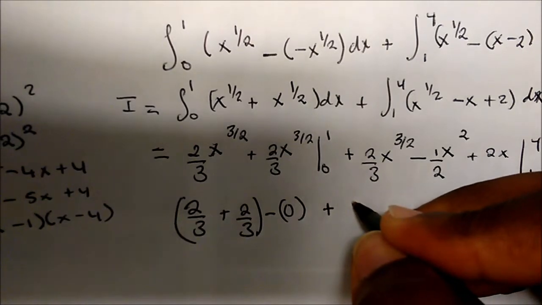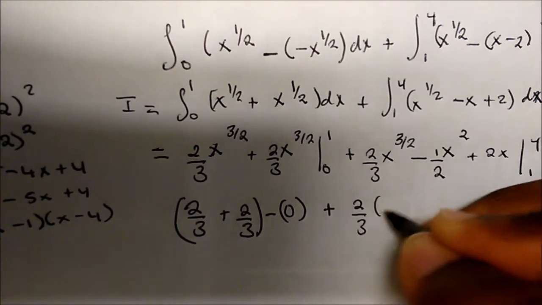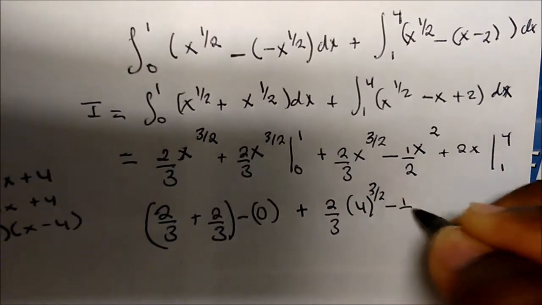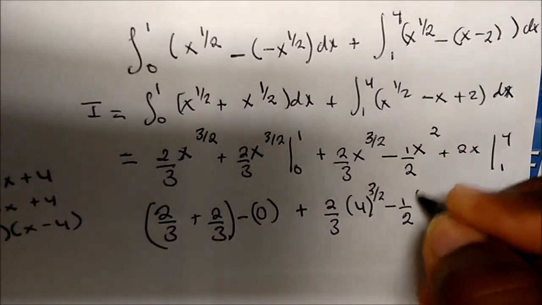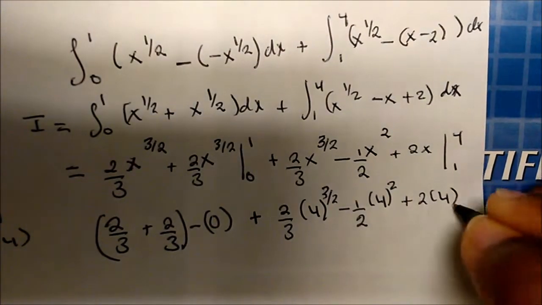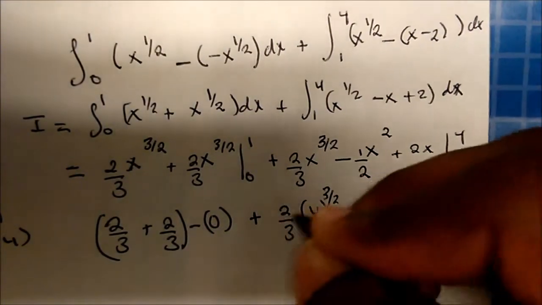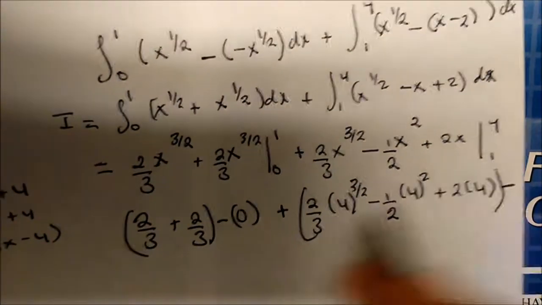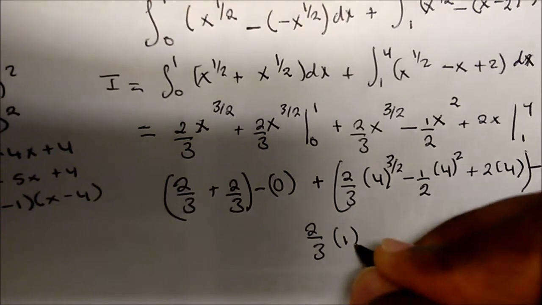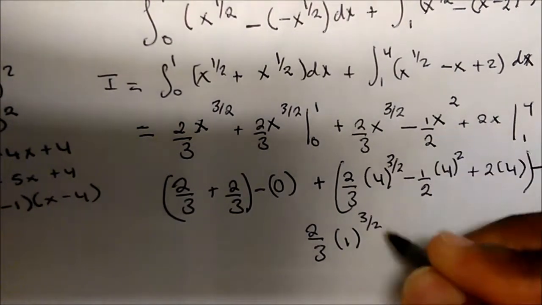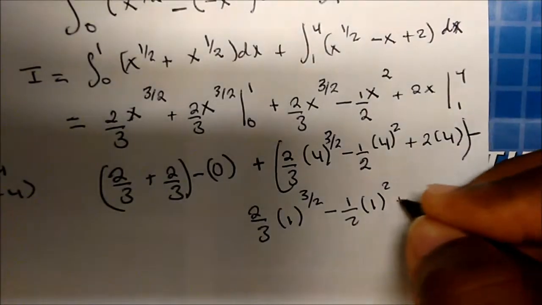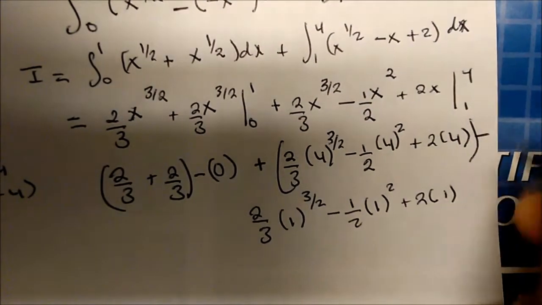So this is 2 over 3 times 4 raised to the 3/2 minus 1/2 times 4 squared plus 2 times 4, minus, so this whole thing is going to be minus 2 over 3 times 1 to the 3/2 minus 1/2 times 1 squared plus 2 times 1.